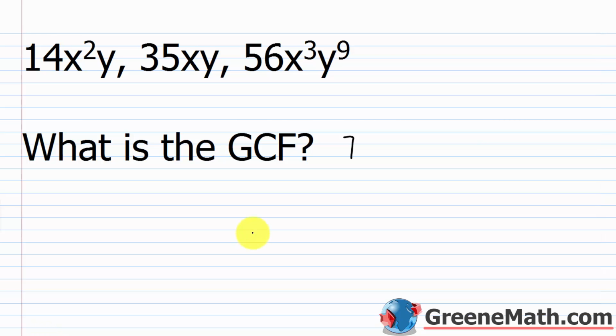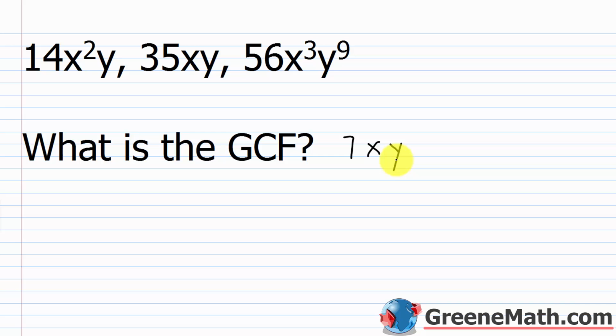Once we got our number part worked out, we think about the variable parts. Two questions you ask yourself. Number one, is the variable present in each term? Here I have x, x, and x. Forget about the exponent for a minute. Here I have y, y, and y. So I know I can put an x here and a y here. Now, what will the exponent be on each? Well, it's going to be the smallest exponent that appears on any of the copies.